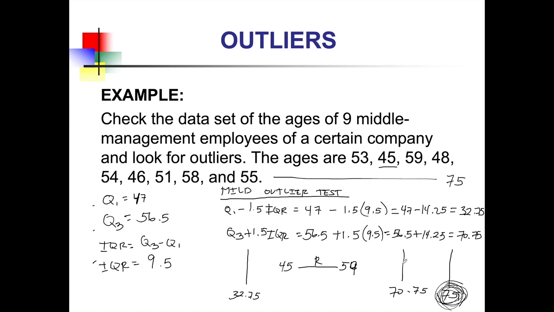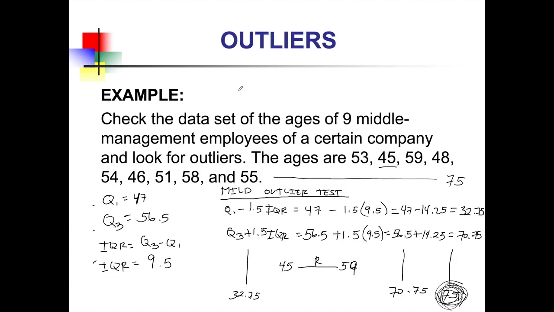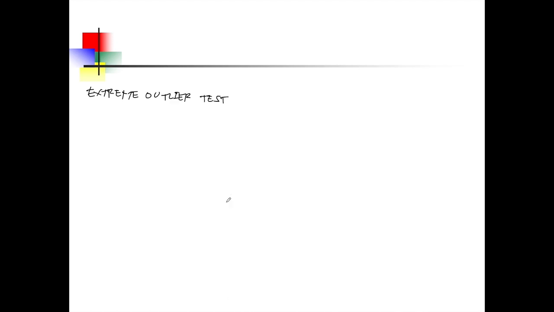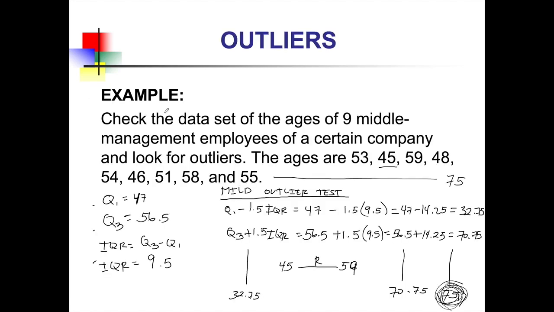Now, let's proceed with the extreme outlier test. For the extreme outlier test, let's have here the title first: extreme outlier test. Okay, so let's compute the lower limit. That will be Q1 minus 3 multiplied to IQR.